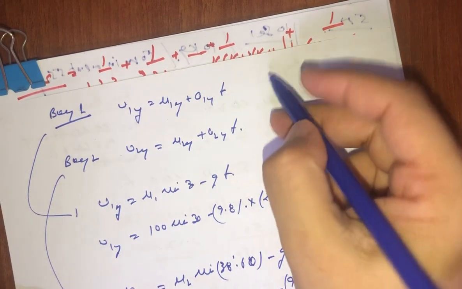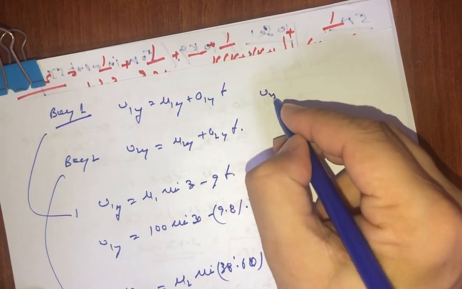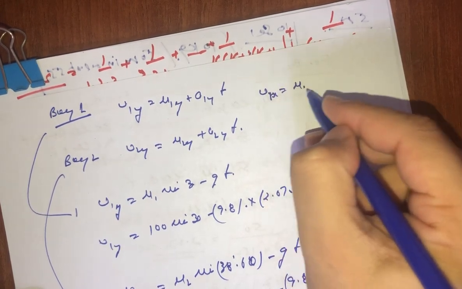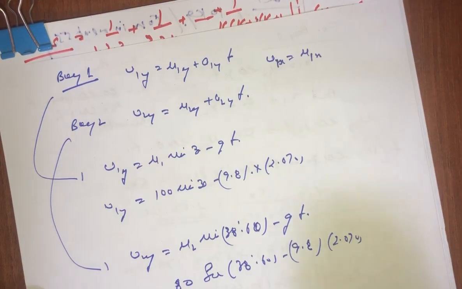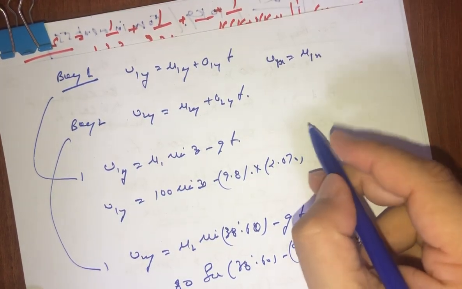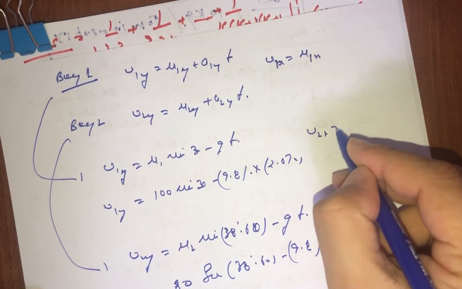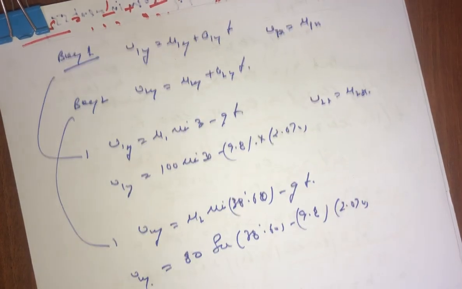And in both the cases the horizontal component will be the same, so it means v1x is equal to u1x, and we are going to have v2x is equal to u2x, as the horizontal component remains the same.